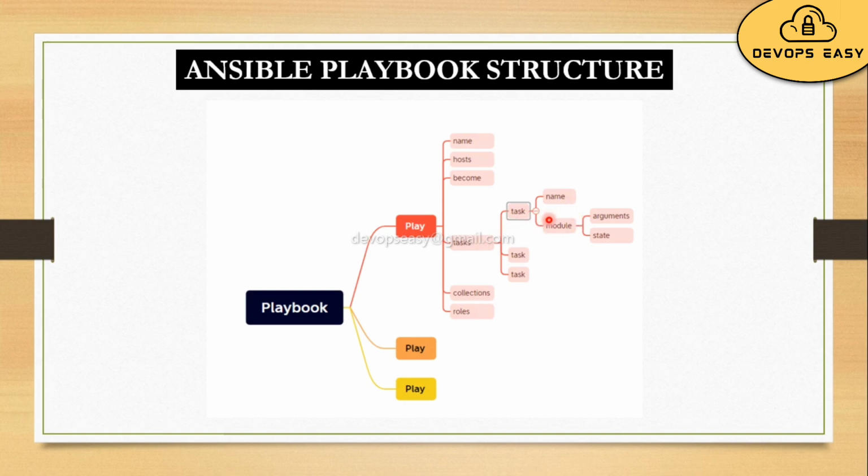Inside the task, you will have modules. And for every module, you will have state. Okay, this is the simple basic structure of a playbook. If you know this, you can directly write any playbook. In the interview, if they ask how to write an Ansible playbook, you need to write this and explain.